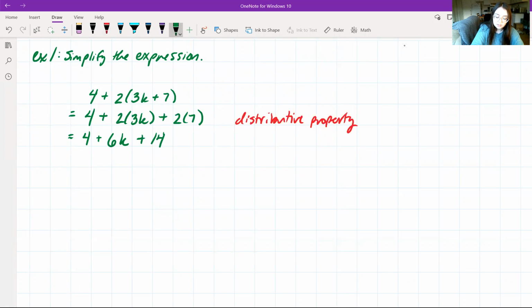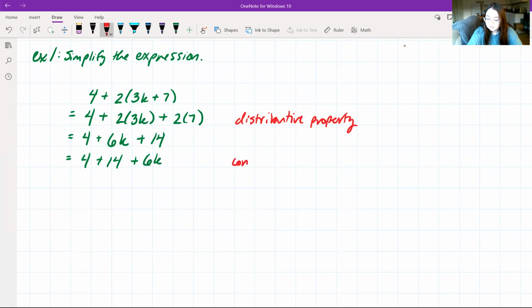So let's go ahead and rearrange this statement. We can rearrange a statement since each term is positive and we're adding them together. So rearranging them would be our commutative property. So we can rearrange them to say 4 plus 14 plus 6k.